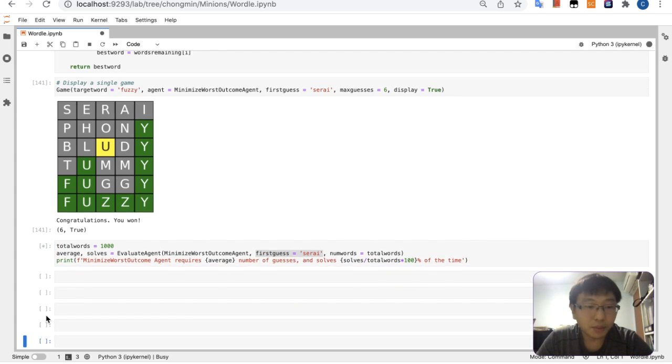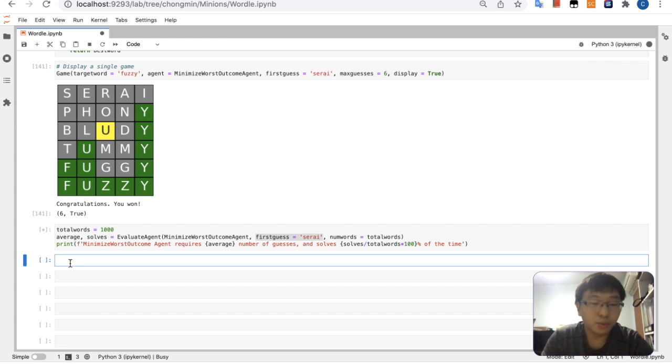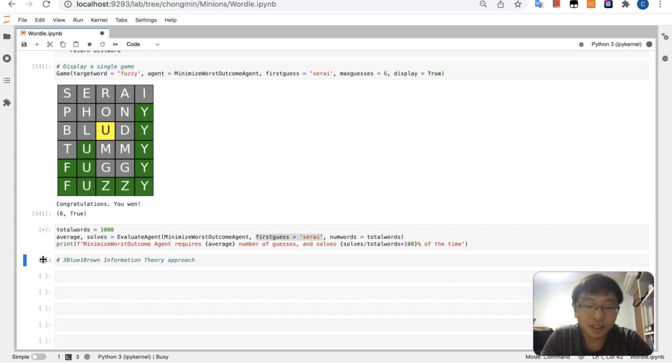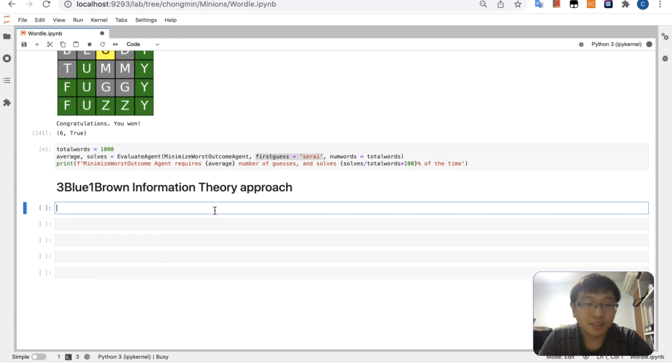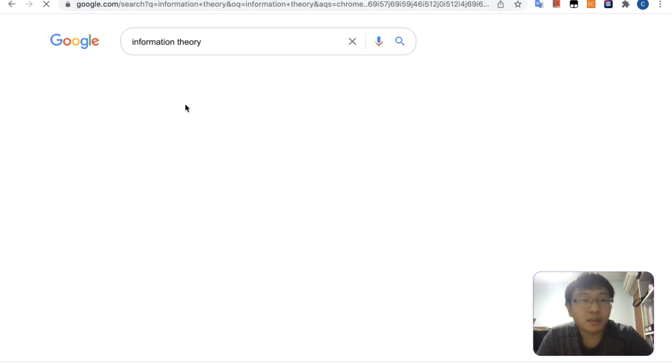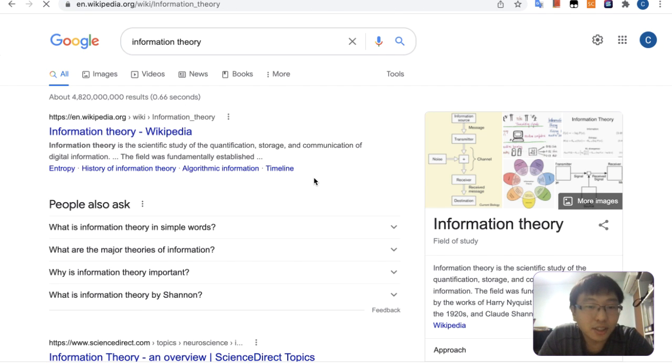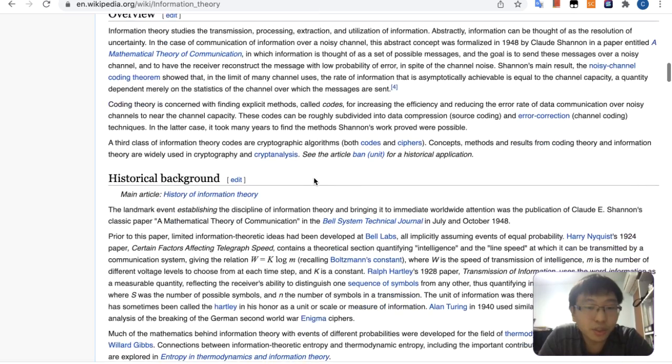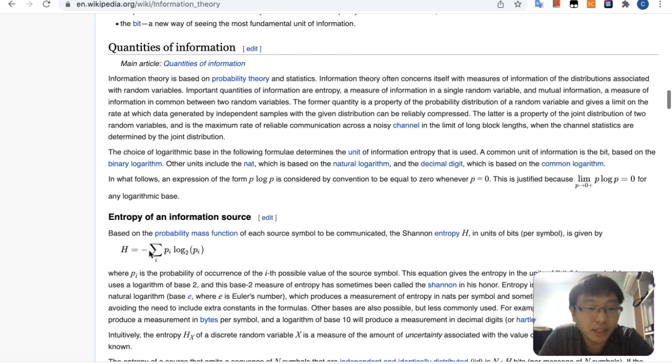So the next thing I'm going to try is the 3Blue1Brown approach. Okay, I mean it's not really his approach actually. It's actually information theory, right? If people have watched information theory, it's just using this equation to tell you how much randomness there is.